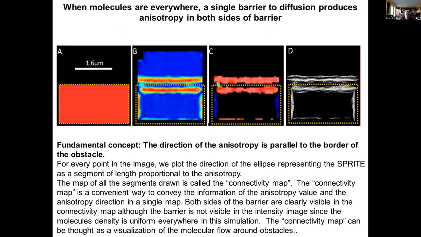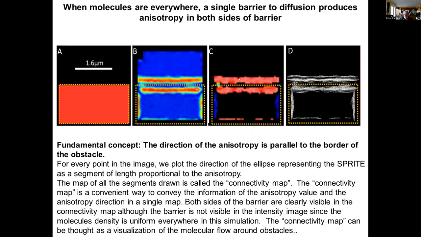And this is, for example, a simulation in which we have a region with molecules, and another region with a different concentration of molecules. And what we observe is one barrier here and one barrier there. So every time molecules have to go in this direction or in the other direction, we find that there is a barrier on one side and a barrier on the other.